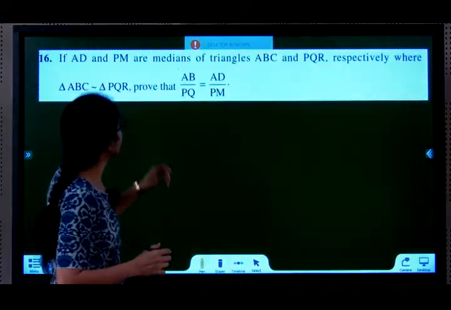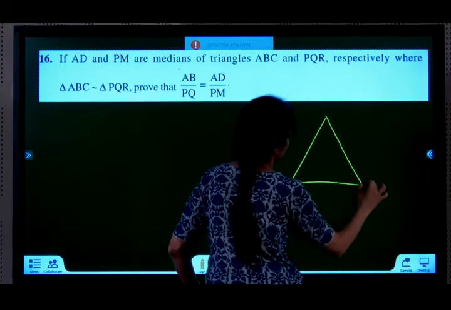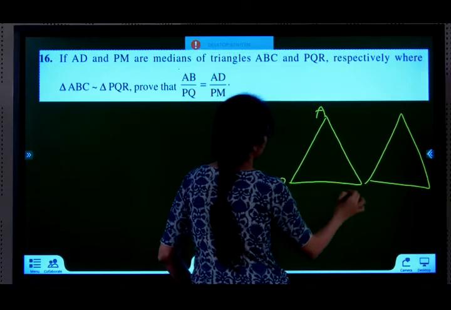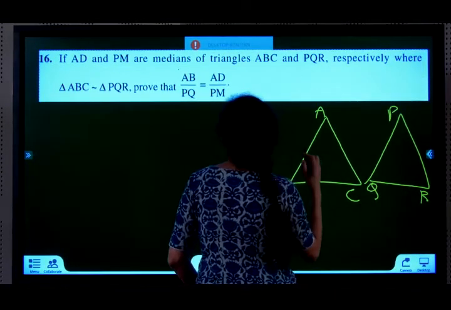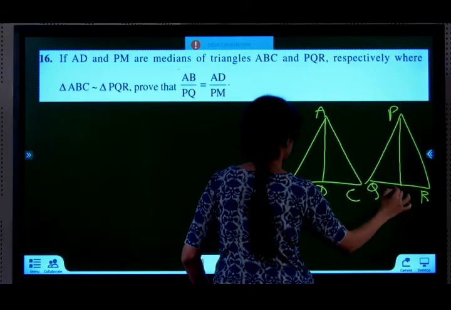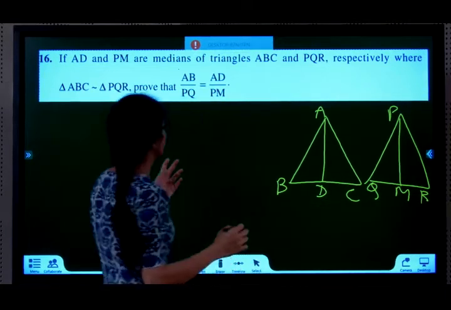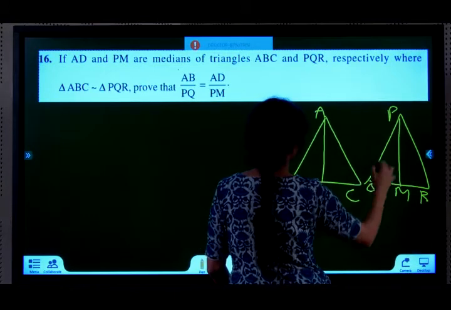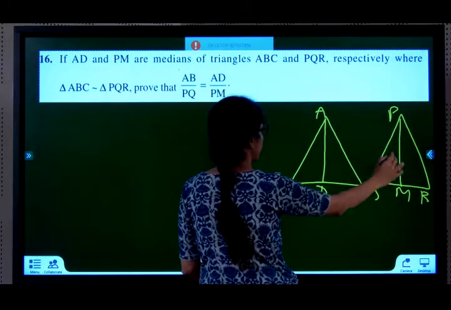If AD and PM are medians of triangle ABC and PQR, so you have two triangles ABC, PQR, AD and PM, and they've given that triangle ABC is similar to triangle PQR, prove that AB by PQ is equal to AD by PM.